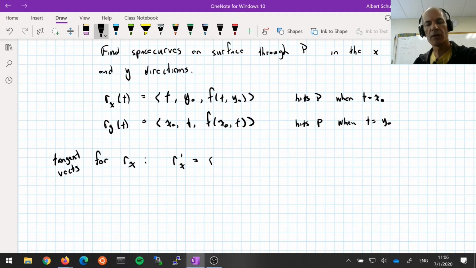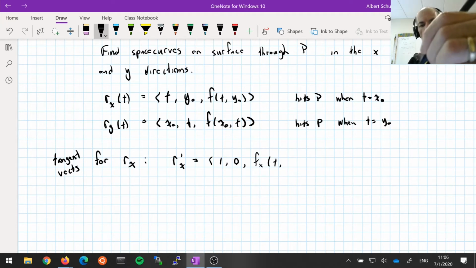The derivative in the first coordinate with respect to t is just 1. In the second coordinate it is 0 because that's a constant. And in the third coordinate, let's be careful here, this is the derivative of this function with respect to t, so that's the partial of f with respect to x, because we're in the x coordinate as a function of t.